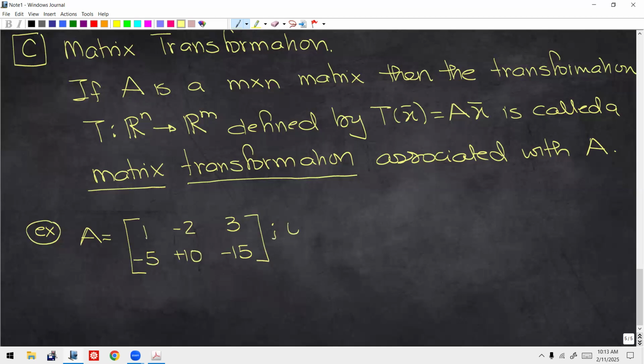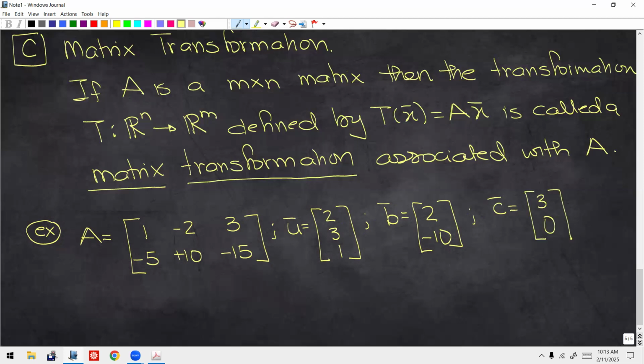Then they've given us the vector U, which is 2, 3, 1. Then the vector B, which is 2 and negative 10. And finally, a vector C, which is 3 and 0. So they've given us a whole bunch of vectors. Some of them are in R3, some of them are in R2. This matrix over here is 2 by 3.